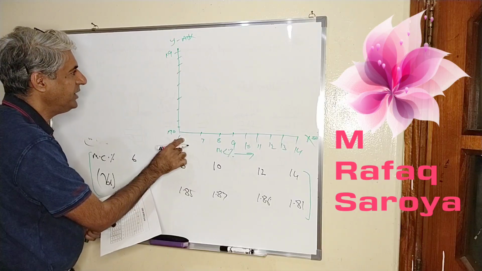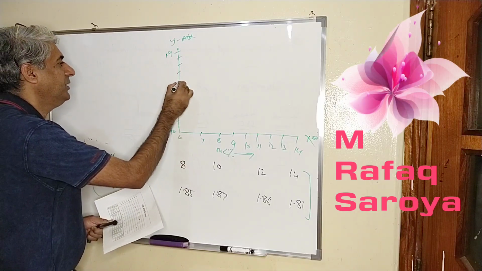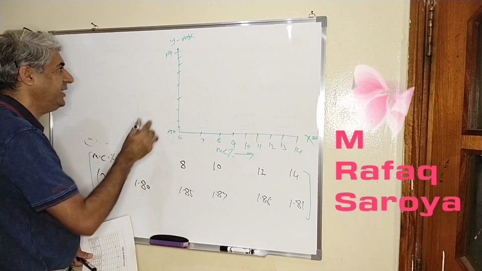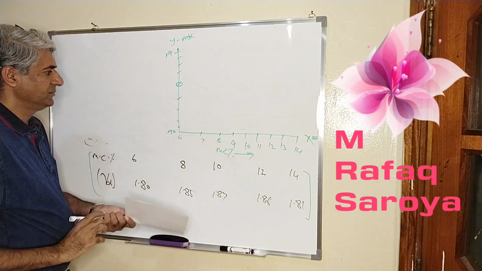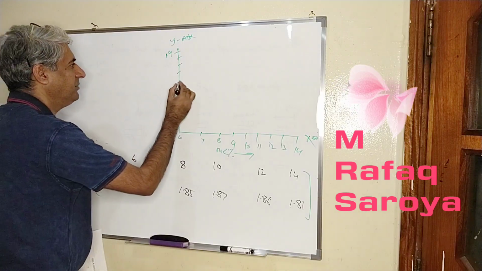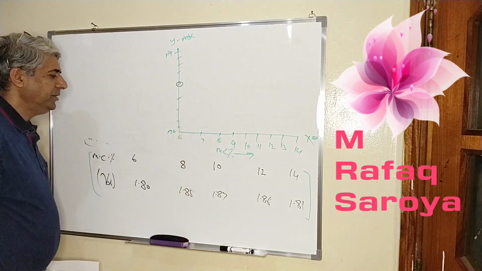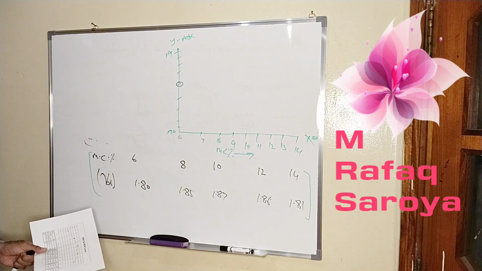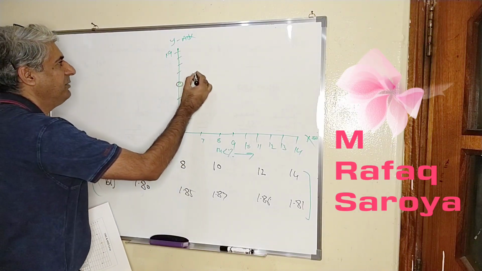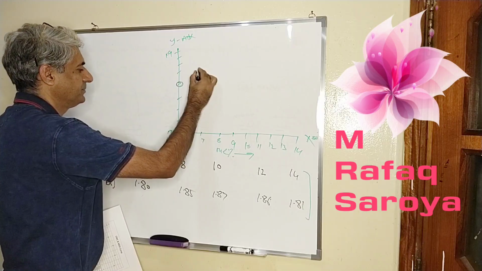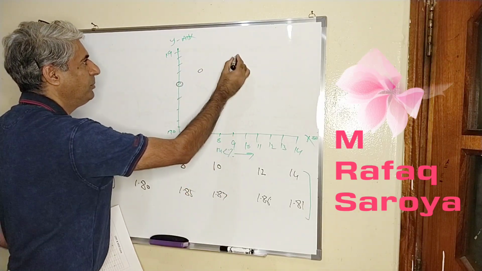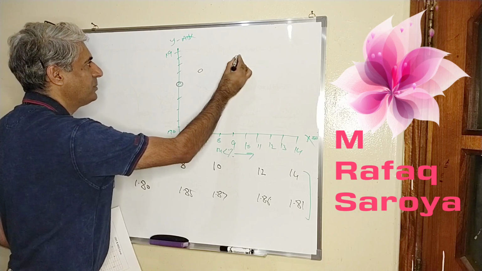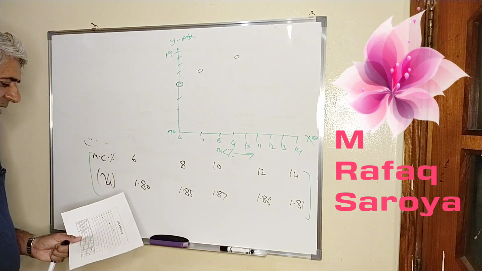When the moisture content is 6%, your dry density is this one, 1.80. When the moisture content is 8%, your density is 1.85. When the moisture content is 10%, your density is at this point, 1.87.